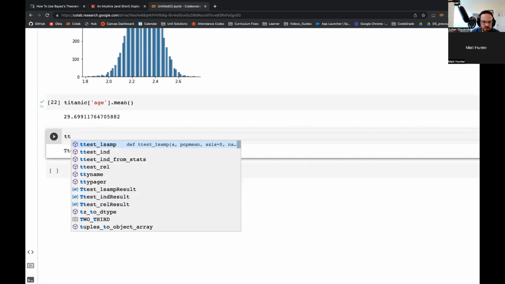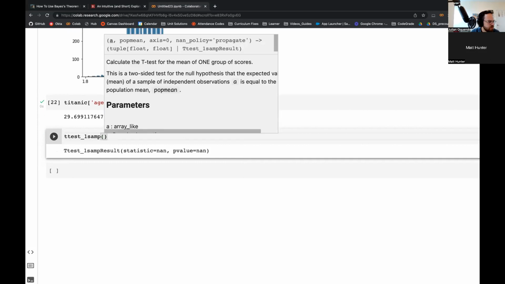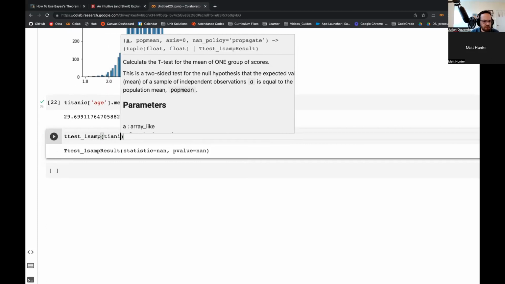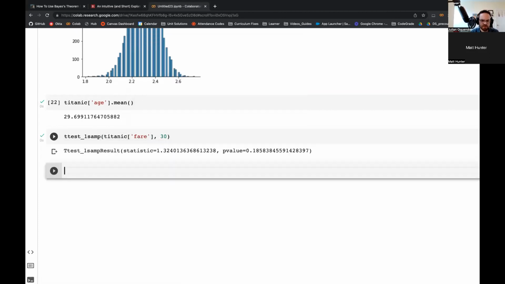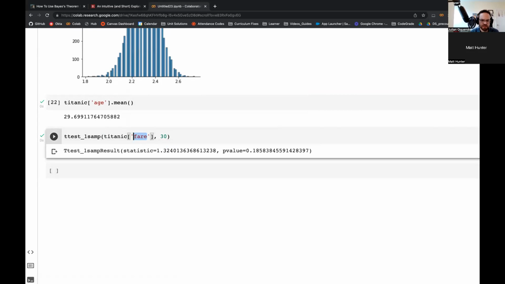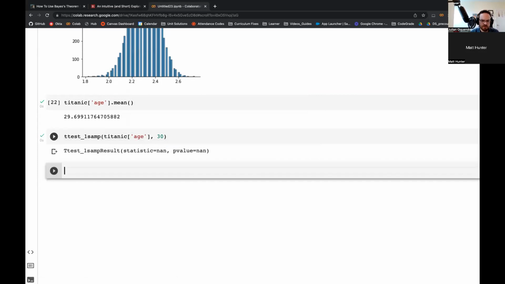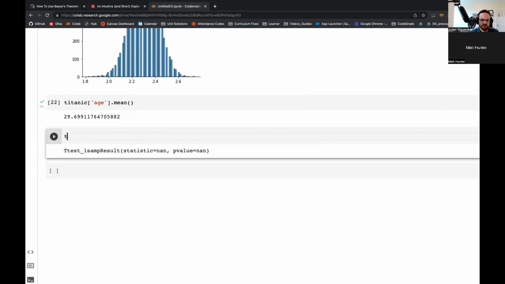T-test, yeah, one sample. That's weird. So if the value was that, what is this, 30? Okay, so that works. Why does age not work? Let's take a look at what's going on with age here.